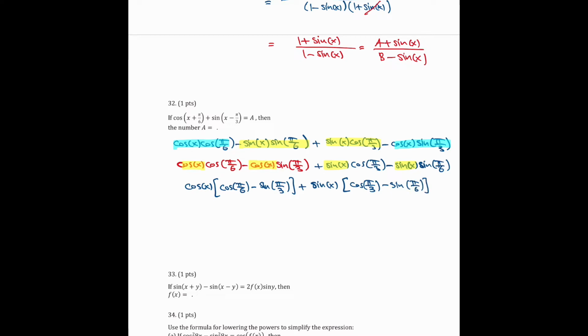Cosine pi over 6 is square root of 3 over 2. Sine pi over 3 is square root of 3 over 2. So this becomes cosine x, and I know that this difference is equal to 0 because those are co-functions and the angles are complements. But anyways, cosine pi over 6 is square root of 3 over 2 minus sine pi over 3 is square root of 3 over 2, plus sine x times (cosine pi over 3 is 1/2 minus sine pi over 6 is 1/2).